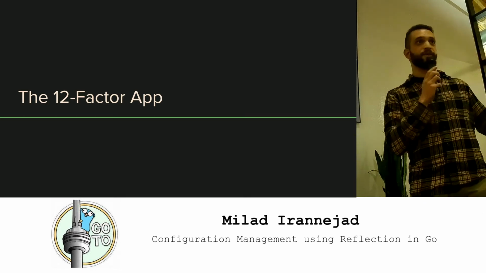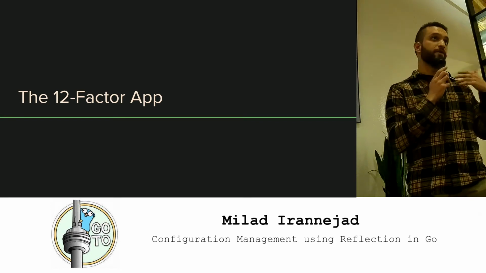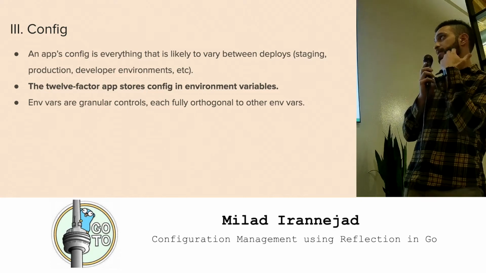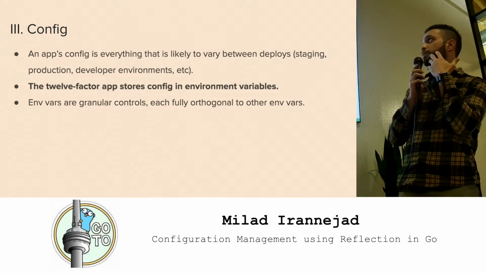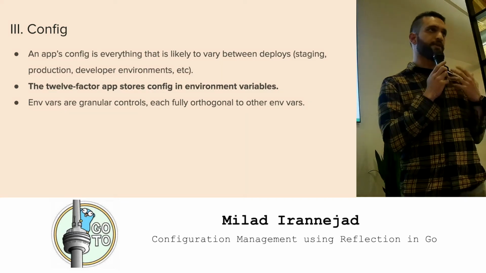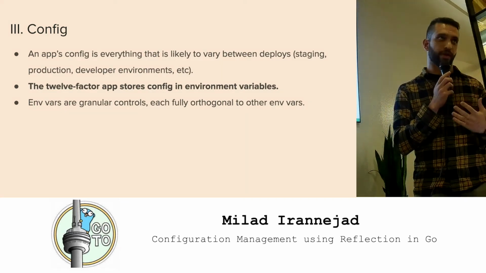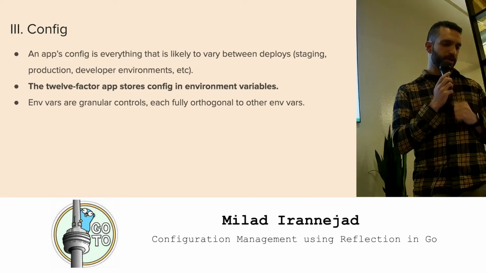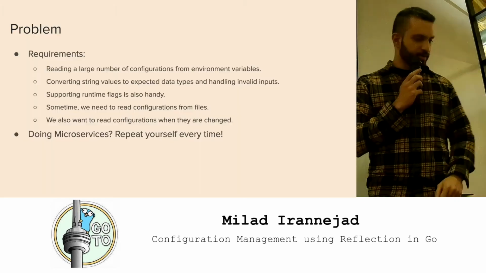Is it Kubernetes? Is it serverless? Is it Docker and so on, wherever you run it? The third principle says that everything about your application's configuration should be managed as environment variables. That's the standard way of doing configuration management for your applications. Again, you can read more about this.